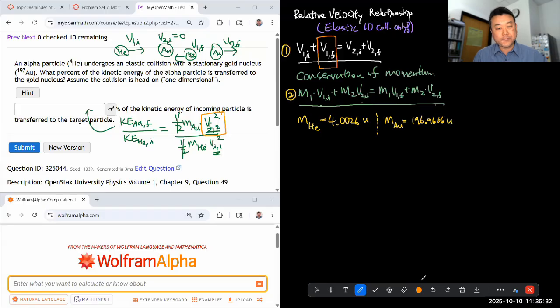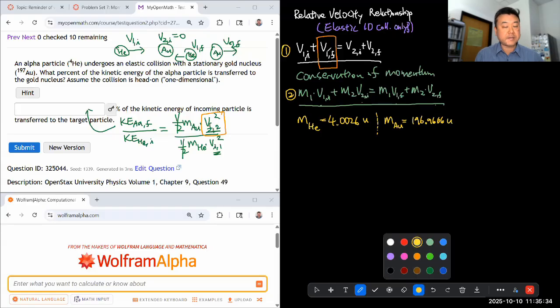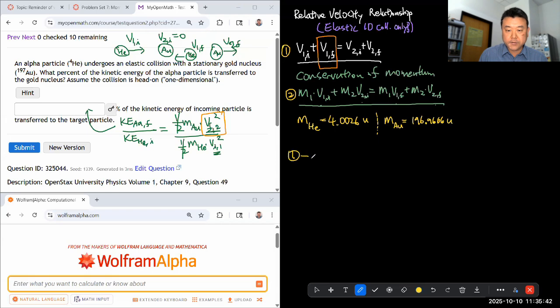Yeah, so let me solve for my V1 final. That's the currently unknown, presumably, velocity of the helium particle after the collision. So solving for that, out of equation 1, I have V1 final is equal to V2 initial plus V2 final minus V1 initial. Simple.